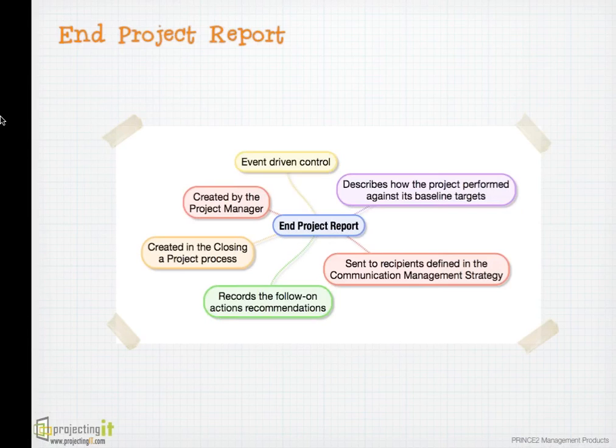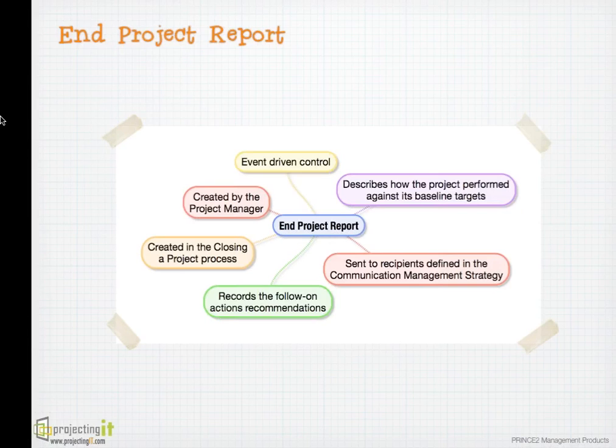The end project report describes the lessons, the recommendations, follow-on actions, that is the outstanding issues. Apart from that, it also describes project team performance, project plan versus actual, and the sign-offs obtained.